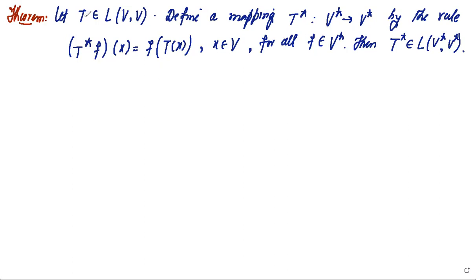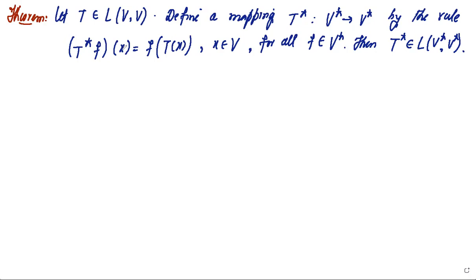Now here we have T is a linear operator on V. So therefore, T of x is an element of V, where x is an element of V. Now f is a linear functional, so f is a mapping from V to F, and therefore this f of T of x is well defined.